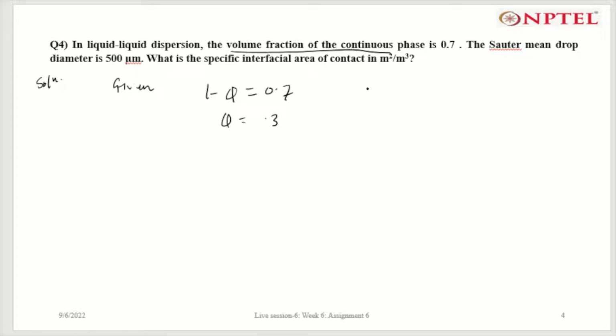The drop diameter is given as 500 micrometer; convert into meters.